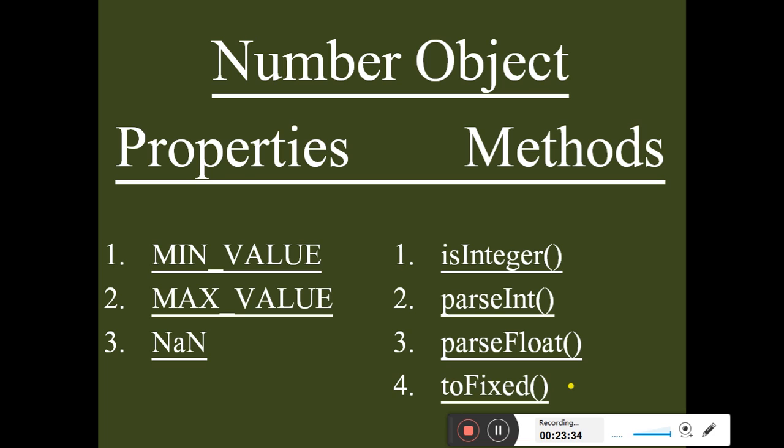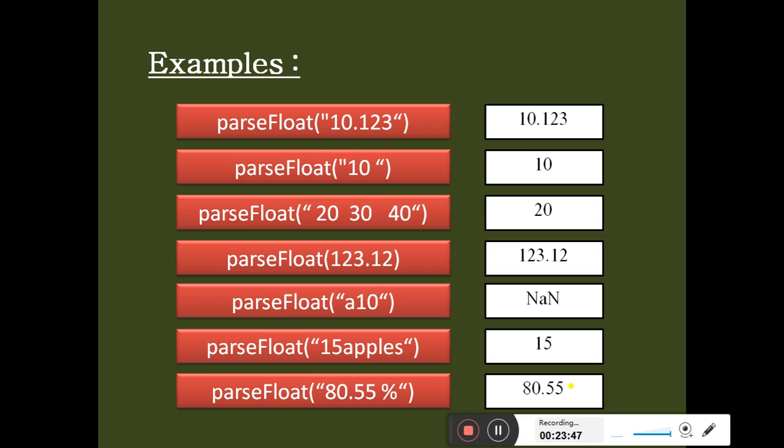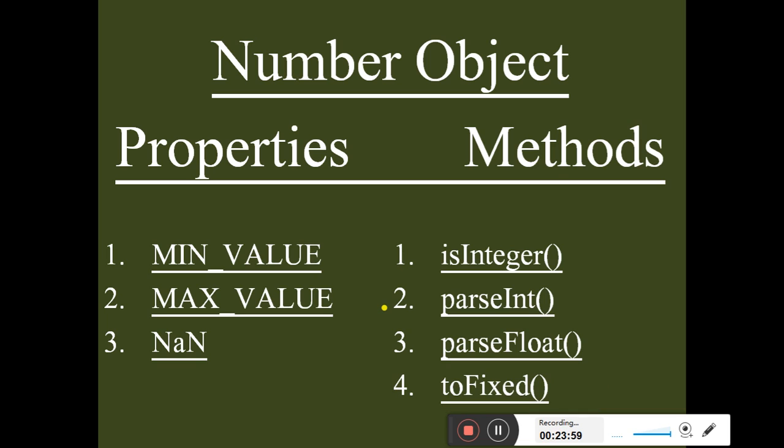And if any value is not a number, then we get NaN as a result or as an output. Correct? In the previous example we have seen this. We are getting NaN as an output because the given value is not a number. So we are getting the value as NaN, that is not a number.